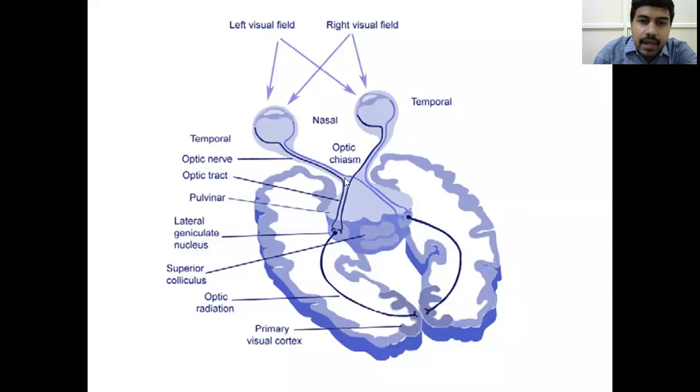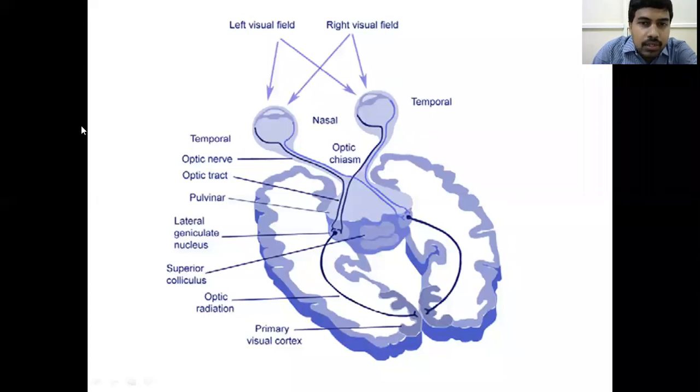They come to the optic chiasma, form the optic tract, and finally end in the lateral geniculate body, where the synapse is. So for optic atrophy to occur, there should be damage to the axons of the retinal ganglion cells.